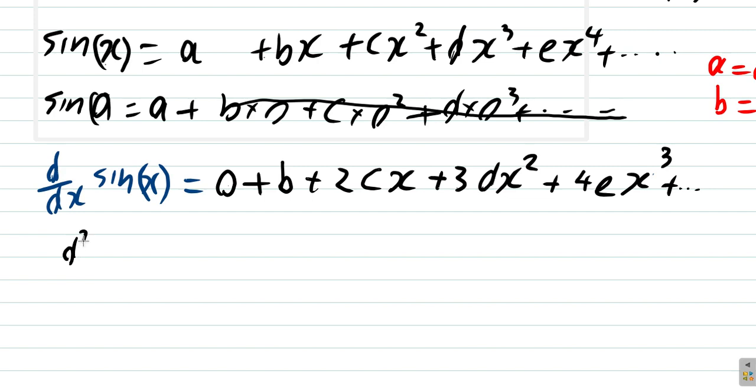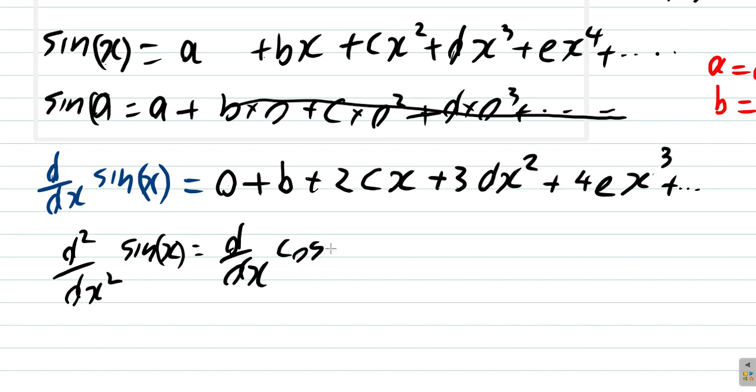Second derivative, d squared by dx squared, d squared sine x by dx squared. Now you already found the first derivative of sine x. So it's going to be d by dx of, you differentiate it once, you get cosine. So you need to differentiate cosine x now. You remember what the derivative of cosine is?